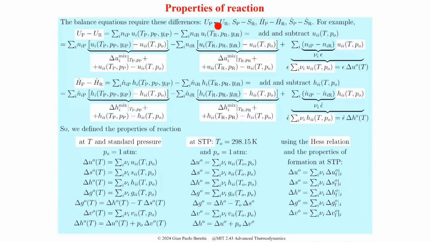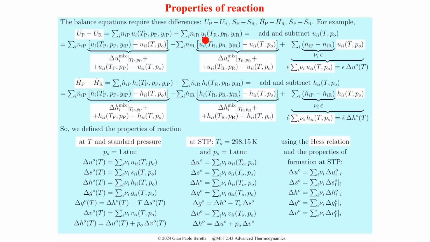For example, of those differences, let's take one, which is the energy. So we write the energy difference between products and reactants as we said. Okay, so this is just the implementation of what we said in terms of partial properties.